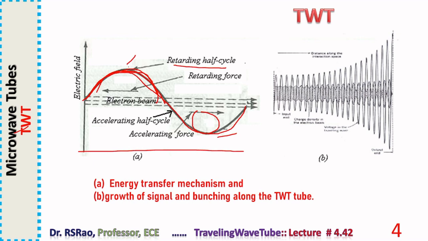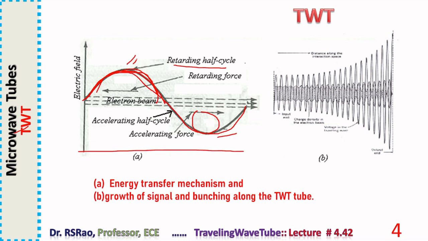So in one half cycle, energy transfer happens from beam to signal, and this transfer keeps on increasing as the beam travels from input end to output end. In the other half cycle, energy transfer from signal to electron beam keeps on decreasing as the frame travels from input side to output side.